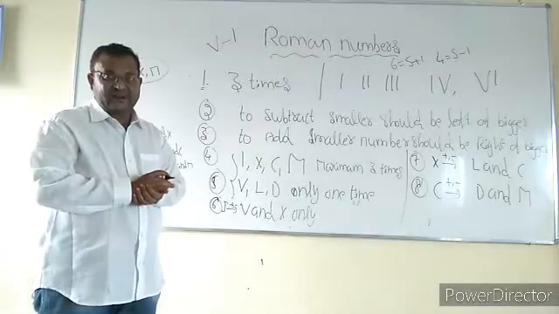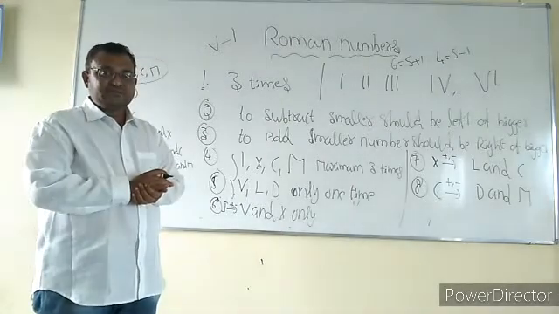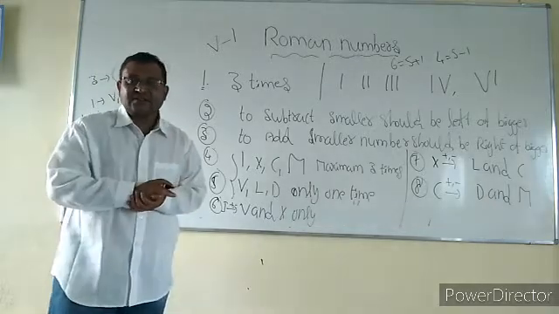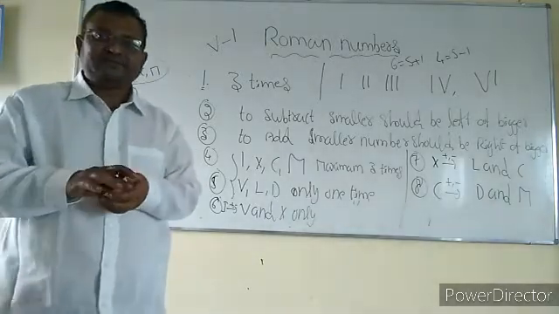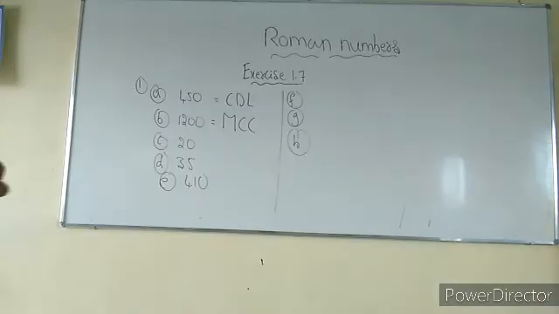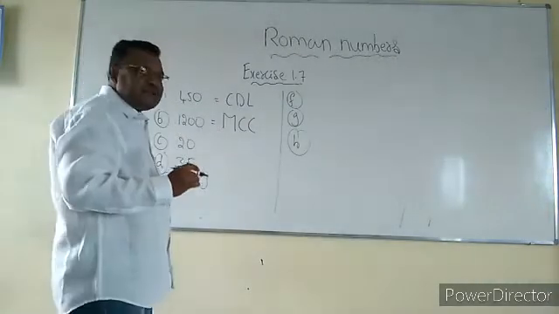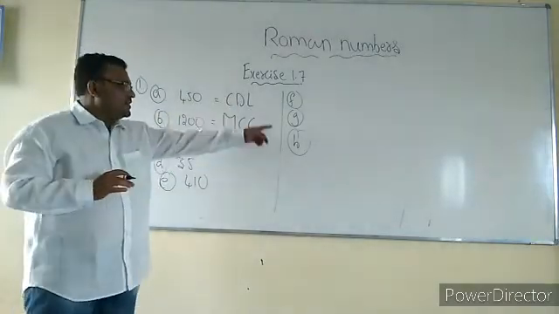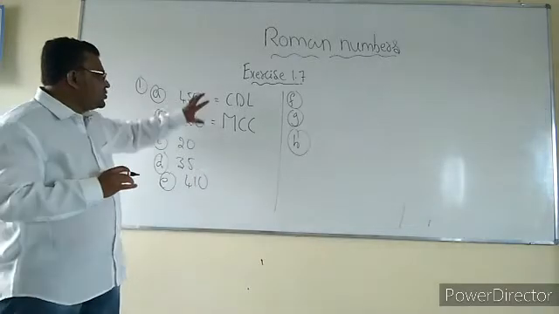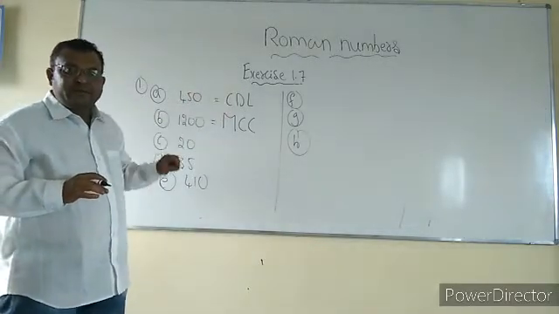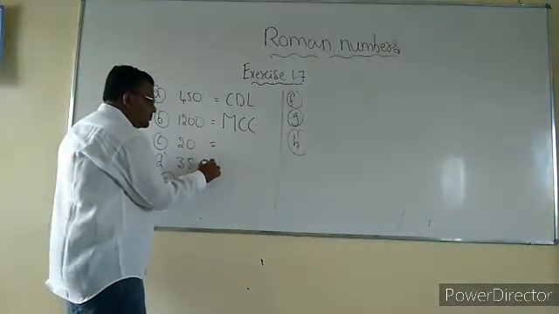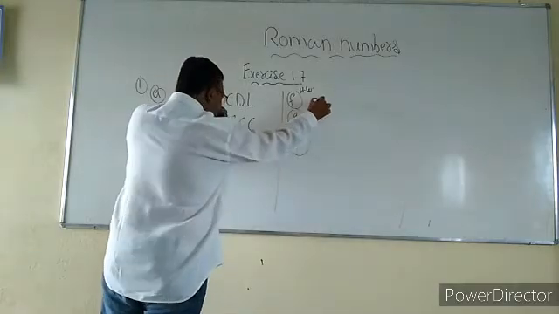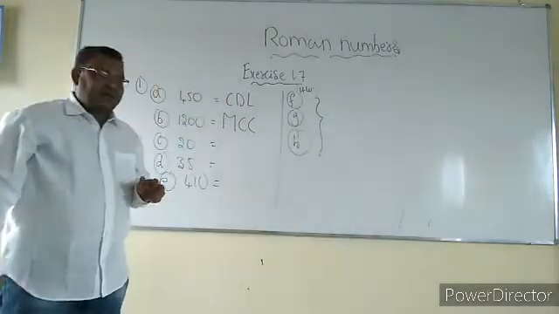And then after that, the rules of writing Roman numbers we have to remember in the Roman number system. Upon this, some problems we will solve in exercise 1.7. In exercise 1.7, the first item is given A, B, C, D, E, F, G, H. That means 8 problems are given. 2 problems are given only as models. And the other 3, you have to do as homework.